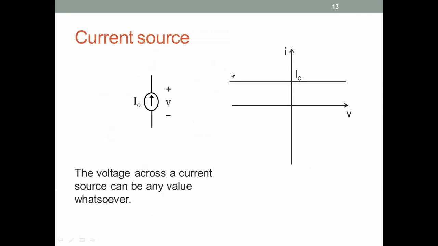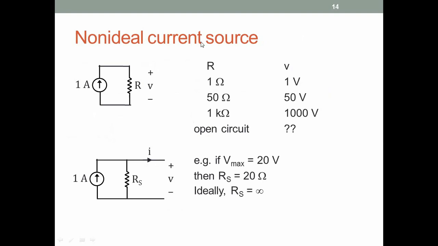What about real or non-ideal current sources? Let's do a little exercise. Let's say I have a 1 ampere current source and I've connected a resistor R across it, and we want to watch the voltage as R varies. Let's say we connect a 1 ohm resistance across a 1 amp source.